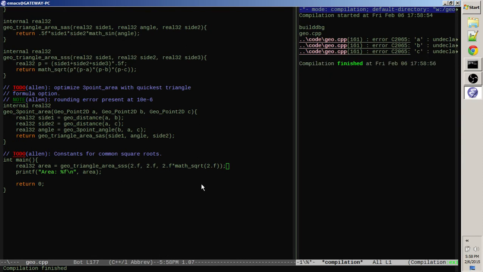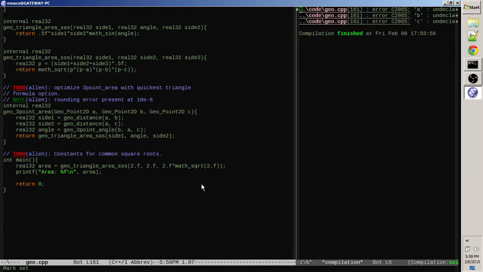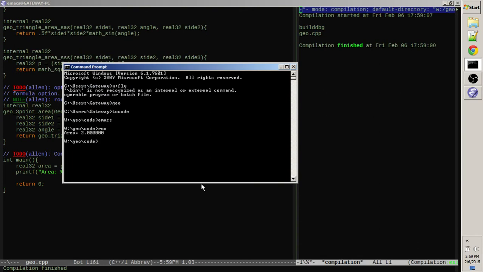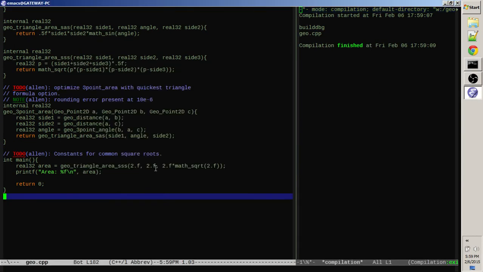Right, so that, something didn't work. Okay, I called it ABC, and those should be side 1, side 2, side 3, according to our naming. Okay, that looks better. So the area of that is 2. Is that right? If you took a 2 by 2 square, you'd get an area of 4. Half of that should be 2, so that is right.